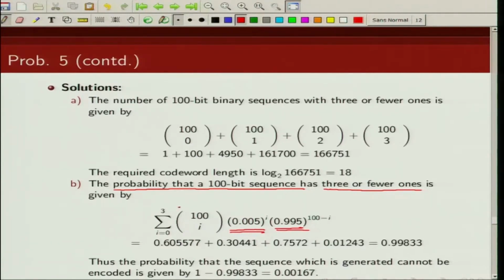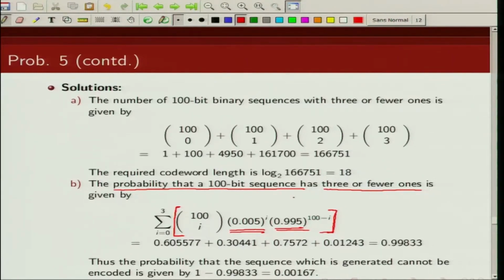So this will give us the probability that there are i ones in the sequence of 100 bits.